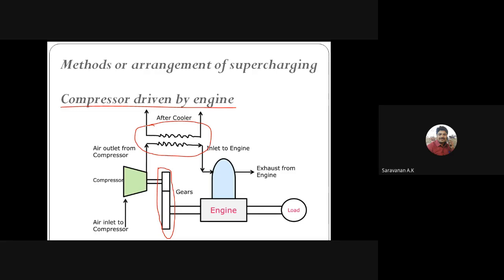It reduces knocking and improves the engine performance. So this is the first method: the compressor is driven by the engine, either through a gear drive or a belt drive.